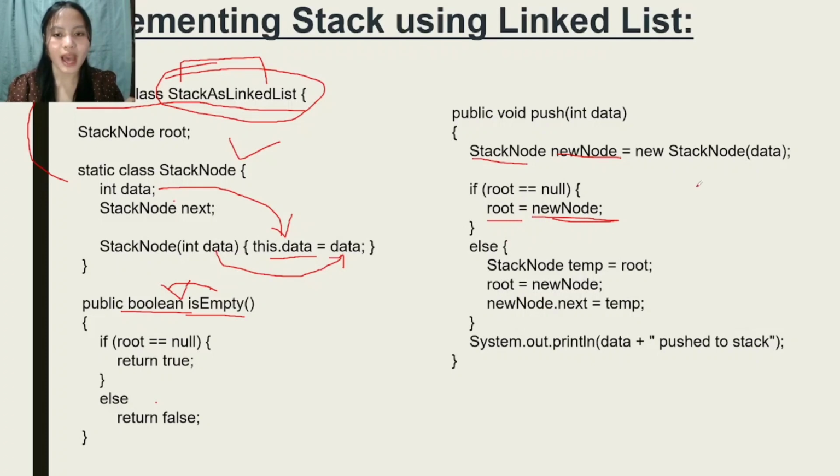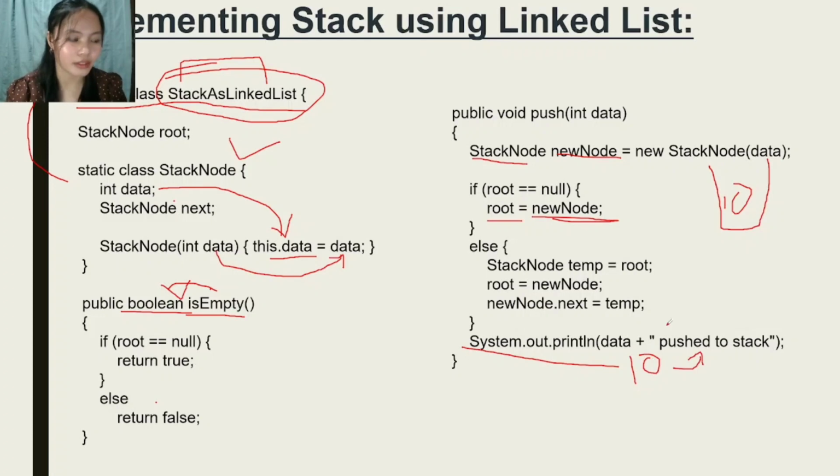Okay, so we have a root of 10 in our stock, like this. In our stock we already have a 10, and then it will be printed. The data, which is 10, will be printed through this statement. So "10 push to stock" will be printed on the console or on the screen.